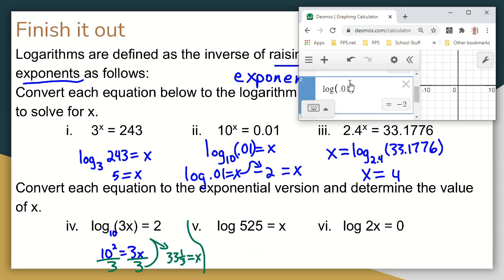So I can do log of 525. I don't need to write in the base 10. I can just remember that it is base 10 right there. So x is approximately equal to 2.72.